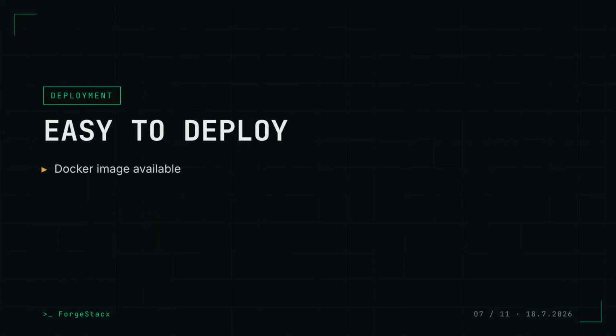Getting Scrumboy running is straightforward. The README shows a single Docker command that pulls the official image and mounts a persistent volume for the SQLite database. There is also a minimal Docker Compose example ready to go. For quick testing, Windows users can download the executable release directly from GitHub.